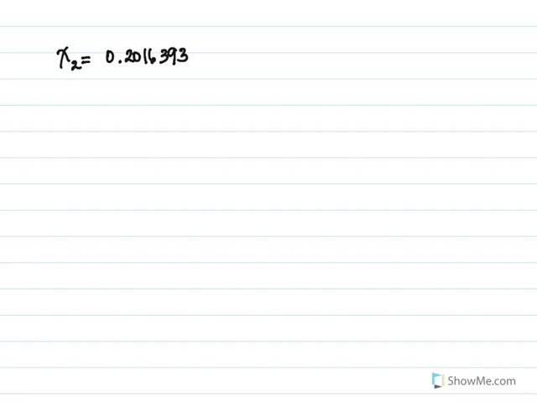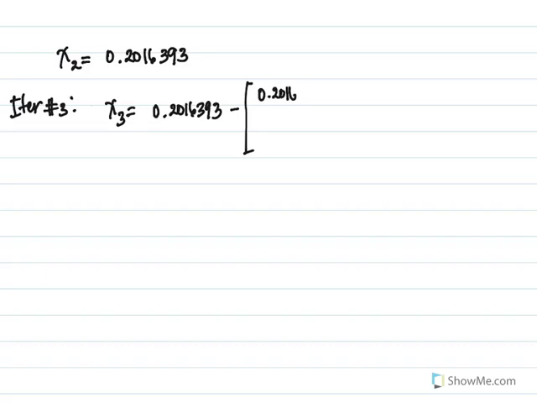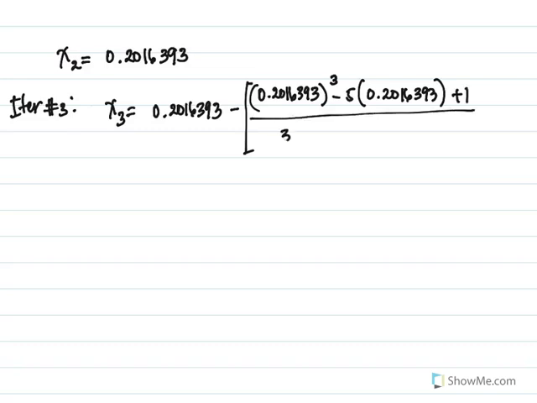So, using this value that we obtained from x2, we now have the third iteration, x3. x3 is equal to 0.2016393 minus quantity 0.2016393 cubed minus 5 times the same plus 1 all over 3 times 0.2016393 squared minus 5.